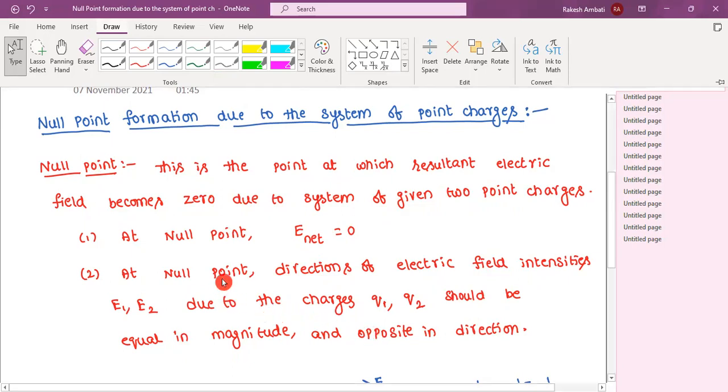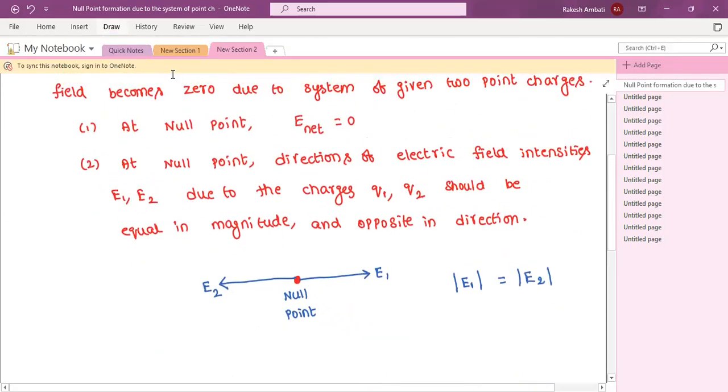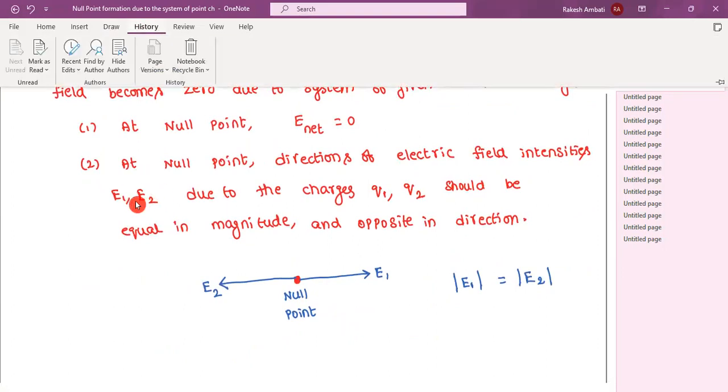E1 is the electric field due to the charge Q1 and E2 is the electric field due to the charge Q2.